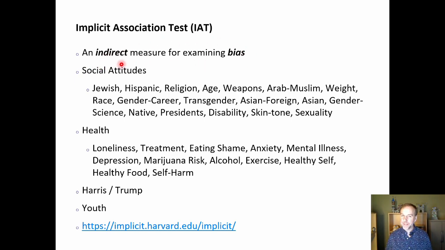Indirect: we can't use this test and say, you are racist, for example, or you have bad stereotypes. It's measuring something indirect, and it's measuring these biases. And that's not as concrete as saying that you're racist or you're not, or you have this stereotype or you don't.